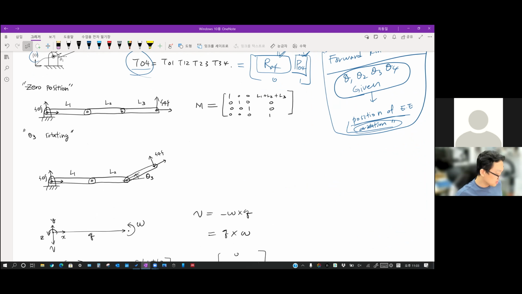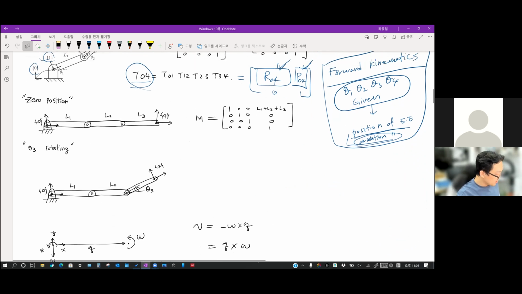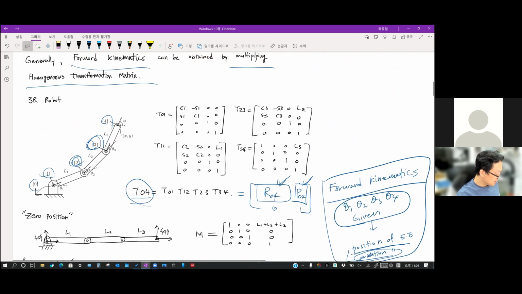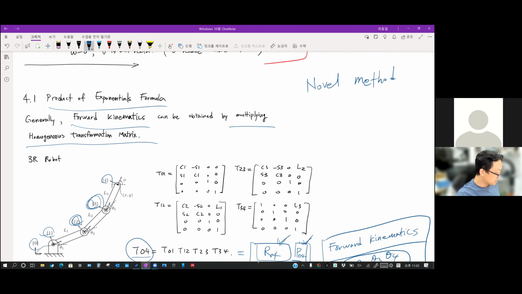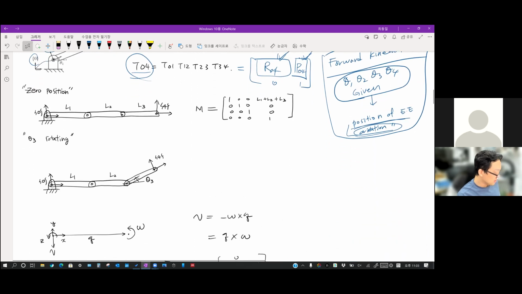And from now on, let's learn about the screw concept. That means the product of exponentials formula. Firstly, in the zero position, if all theta 1, theta 2, theta 3 equal 0, then the homogeneous transformation from 0 to 4 becomes like this.